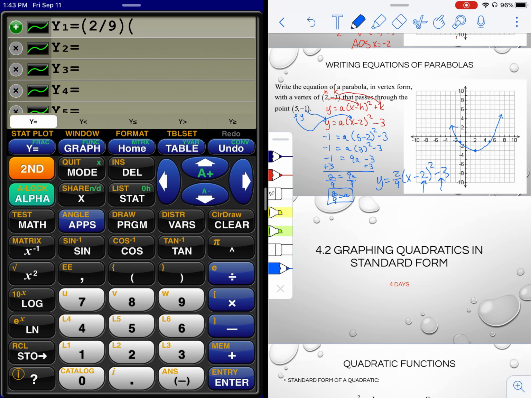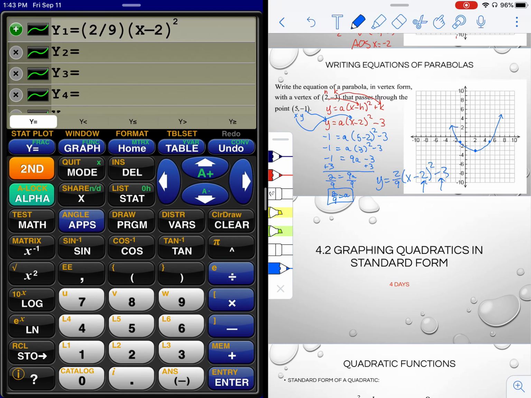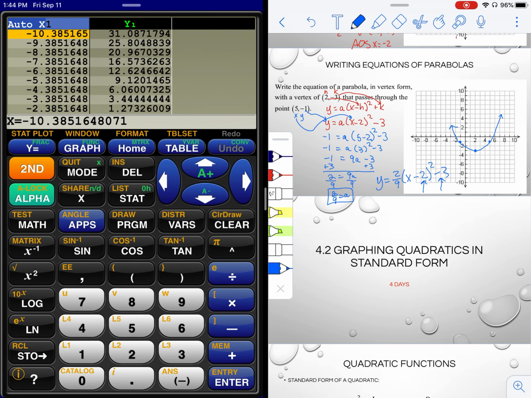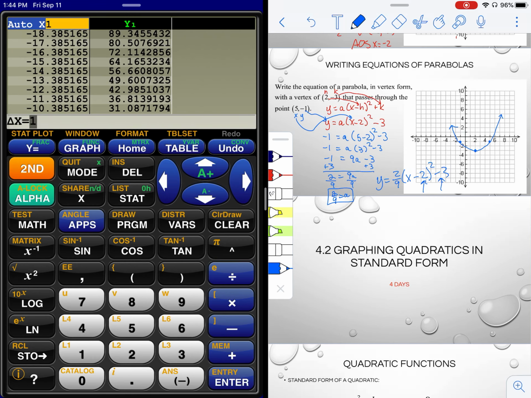So 2 ninths times the quantity x minus 2 squared minus 3. And we can look in our table and see, gotta go in the table settings. Where's my table settings?